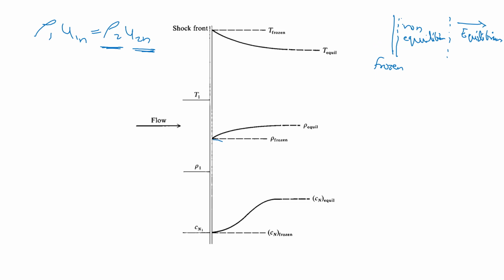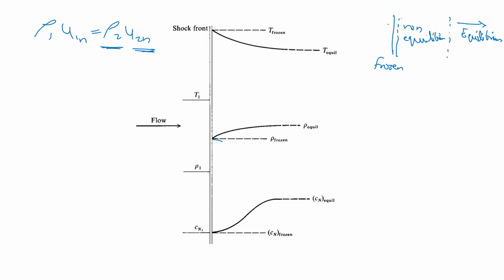After that, due to this high temperature, there will be more collisions, so there will be vibrational and chemical non-equilibrium. Due to this, some of the translational energy will go to these modes.